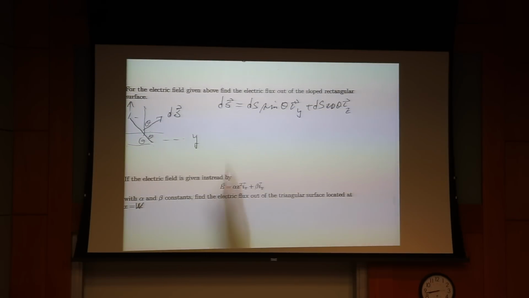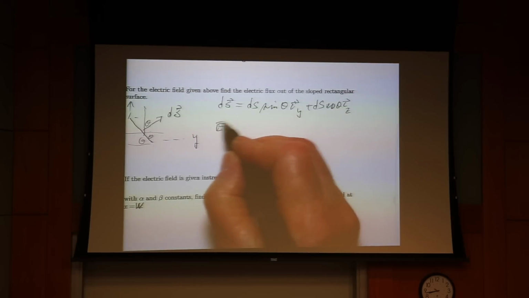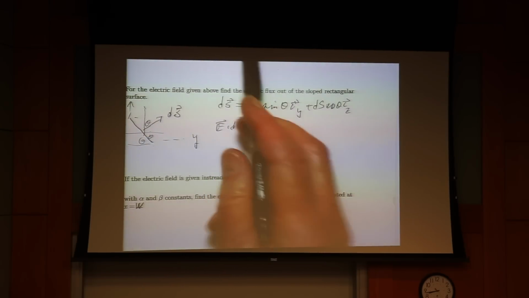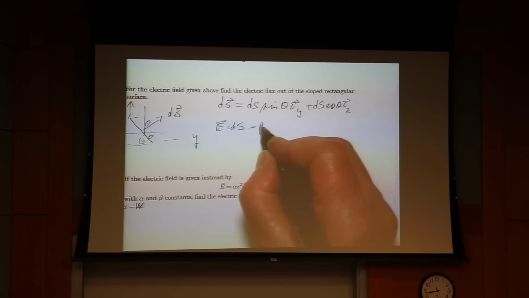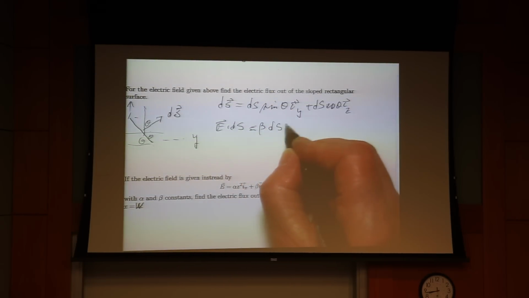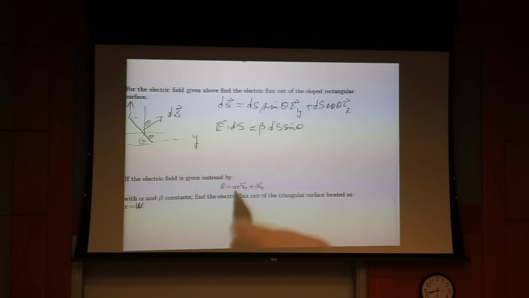Since the electric field doesn't have a z component, E dot ds is just the y component of the electric field times this y component, so this will be beta ds sine theta.